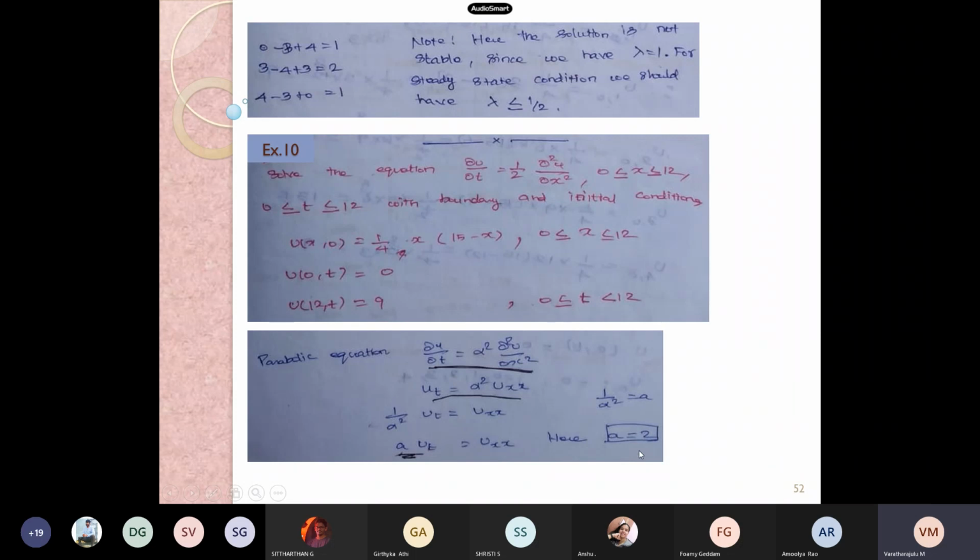Now we will take h and k equal to 3 in order to reduce the solution size. Once I have decided h and k, I calculate my lambda. What is lambda, Amolya?